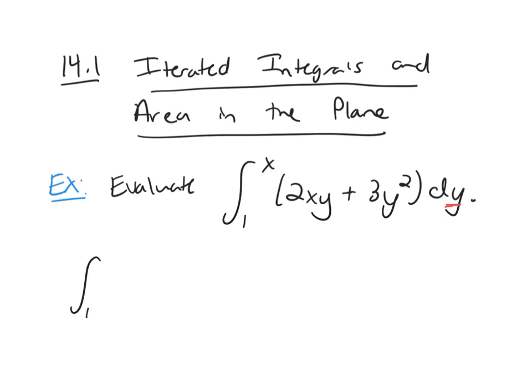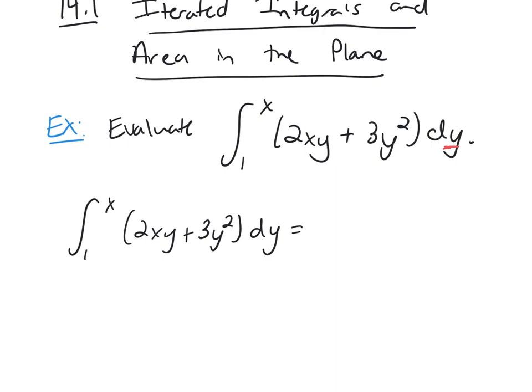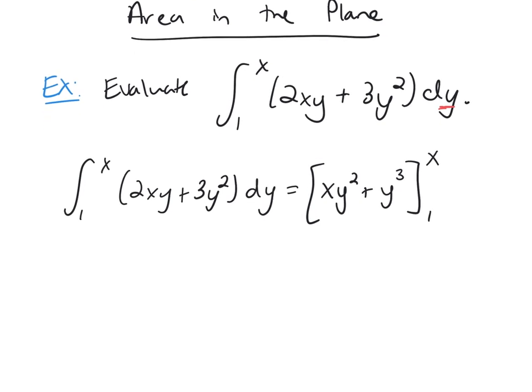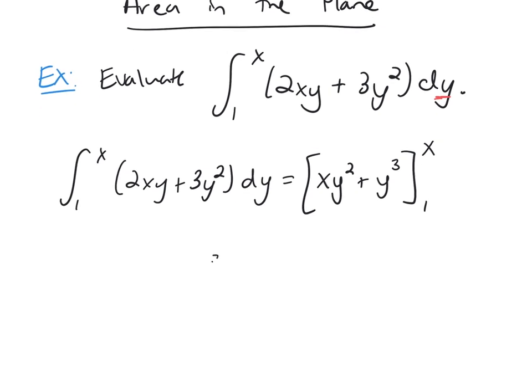So the integral from 1 to x will be, well, it'll be xy squared plus y cubed. Again, your only variable is y. And now in place of y, you're going to replace y with x and 1. So here, if I plug in x, it'll be x cubed.